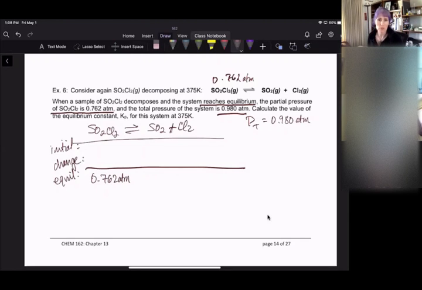So we have a sample of just the SO2Cl2. So this is going to start with zeros there, and we don't know how much is here.